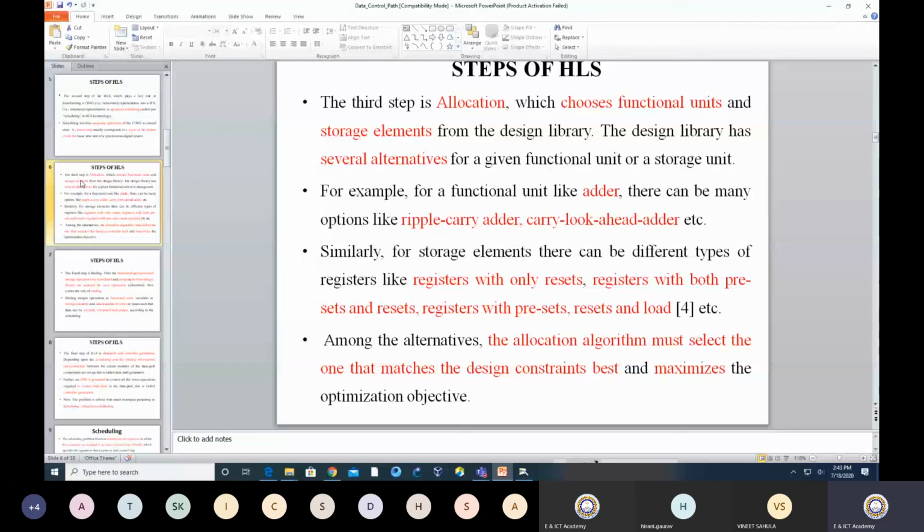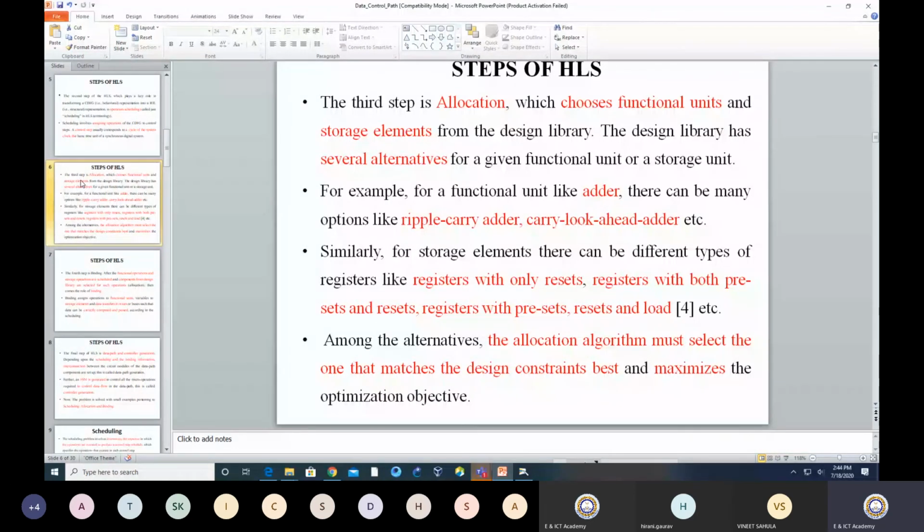Now when I talk about the adder, in adder also you have several options like ripple carry adder and carry look ahead adder. Every adder or every functional block has its own pros and cons. Ripple carry adder is the simplest one to design, but of course it will take a larger time for execution. Carry look ahead adder is the fastest one, but it is somewhat complex to design.